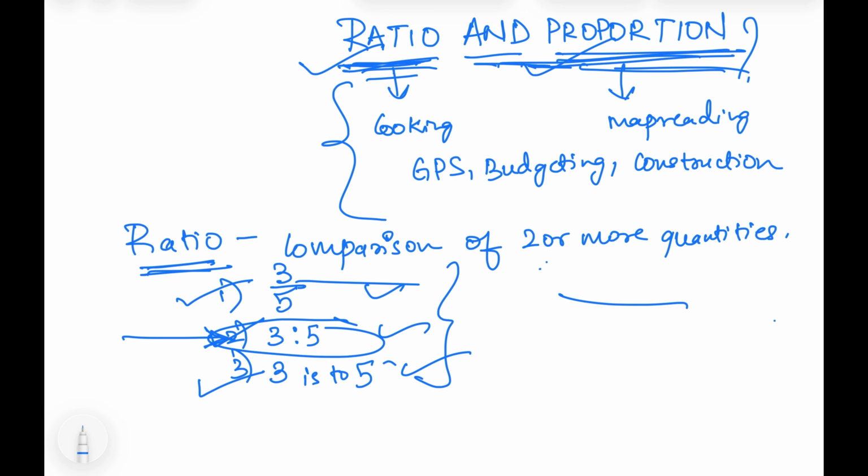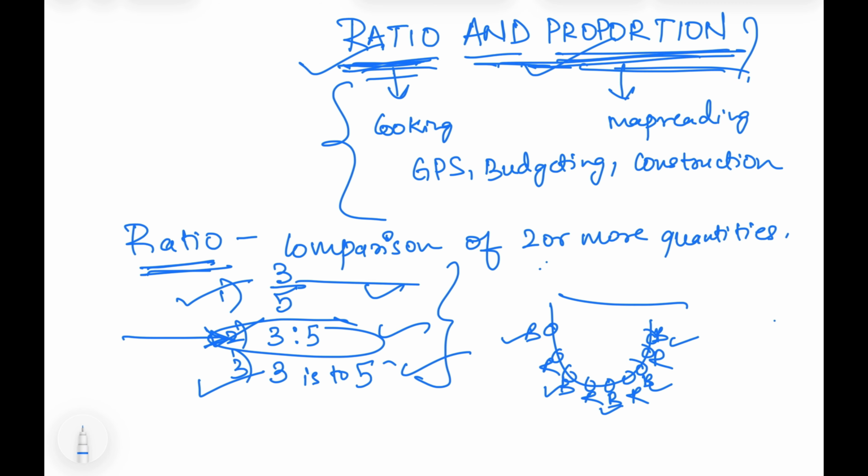And what is ratio? Ratio is comparison of two or more quantities. Let's take a very simple example. Say there is a necklace and there are some beads on the necklace and they are different colors, some are blue, some are red. If I ask you the ratio of blue to red, what will you do?